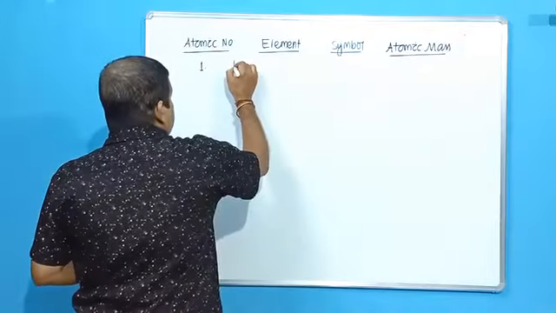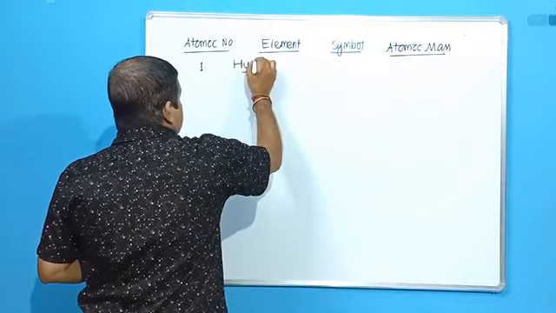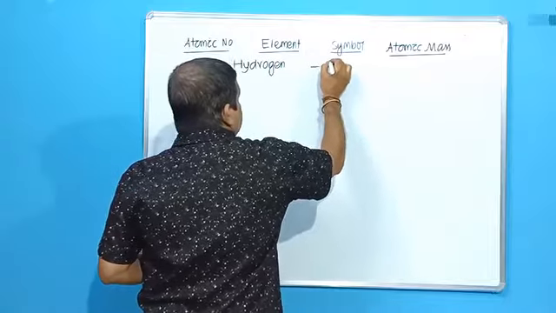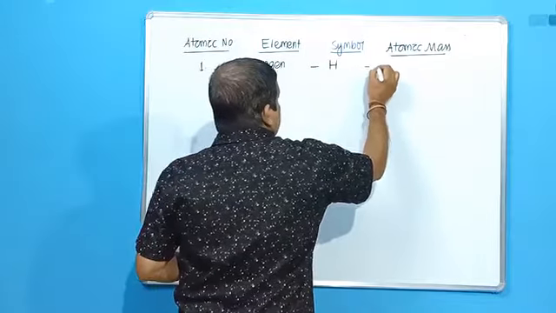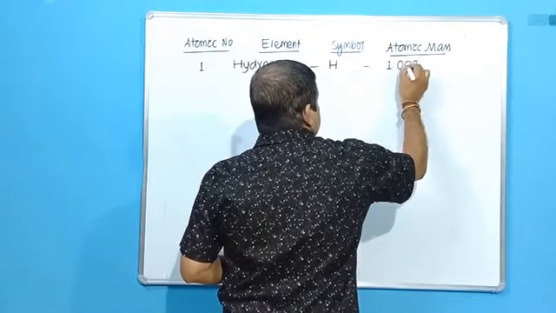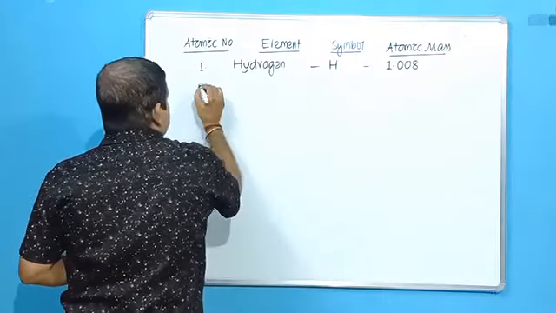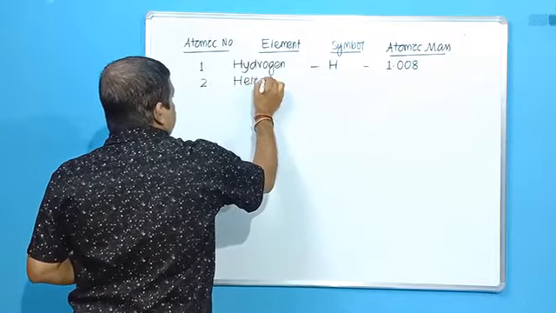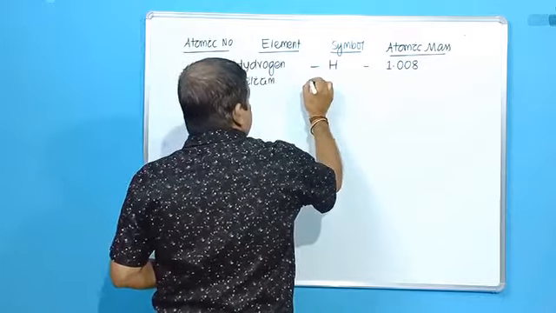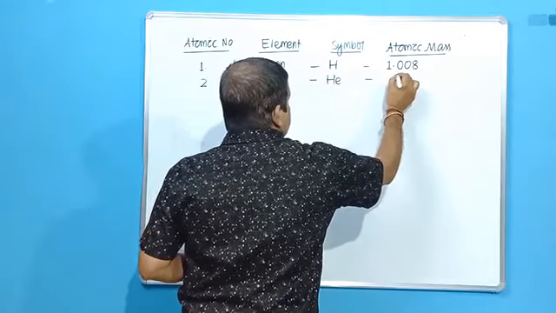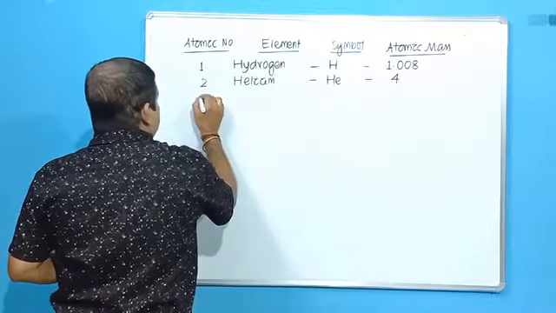Okay. So the first element will be hydrogen. Symbol is H. Atomic mass is 1.008. Okay. Then the next one is helium. Symbol is He. Atomic mass is 4.